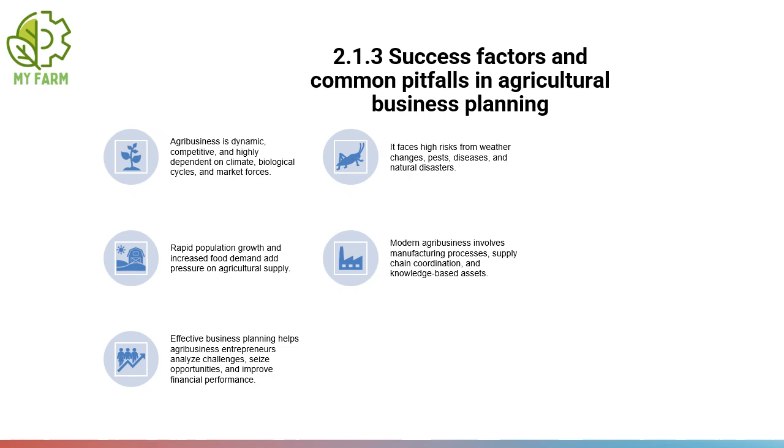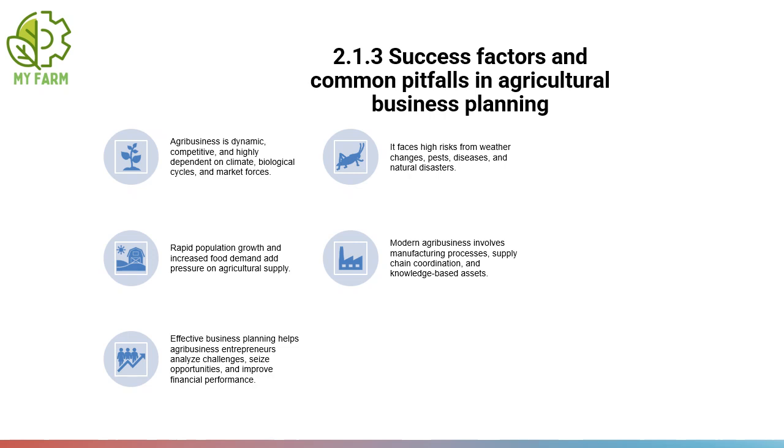At the same time, rapid population growth and rising food demand increase pressure on agricultural supply, making efficient planning more critical than ever. Modern agribusiness also involves complex manufacturing processes, supply chain coordination, and knowledge-based assets such as technology, research, and market insights.